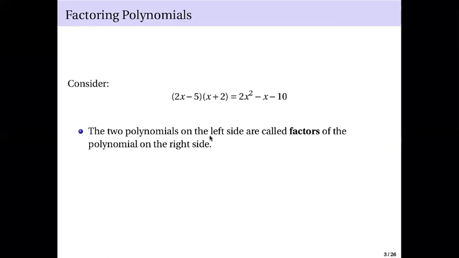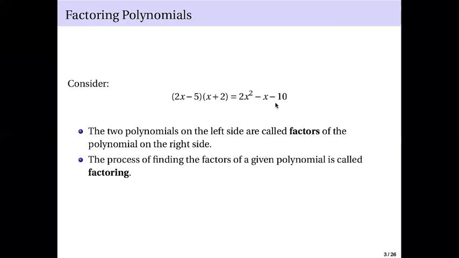So the polynomials on the left side are called factors of the polynomial on the right side. Now, the process of finding the factors of a given polynomial, of course, we call it factoring.